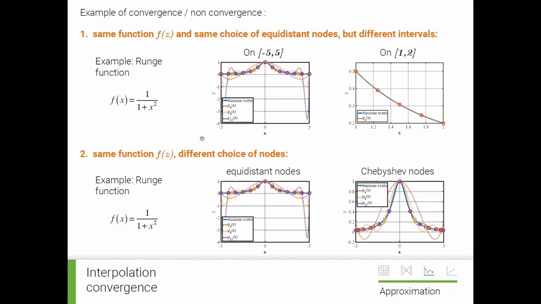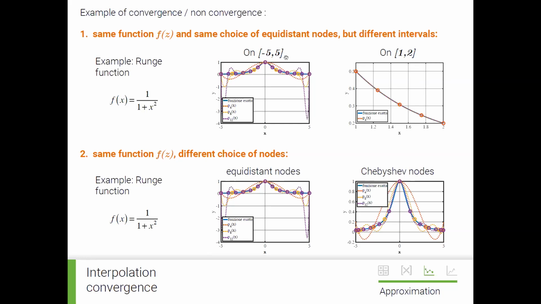So, examples of convergent and non-convergent interpolation polynomials. In the first example, the same function f of x and the same choice of equidistant nodes, but different intervals. Again, let's consider this function, called the Runge function, on the interval -5 to 5 and on the interval 1 to 2.